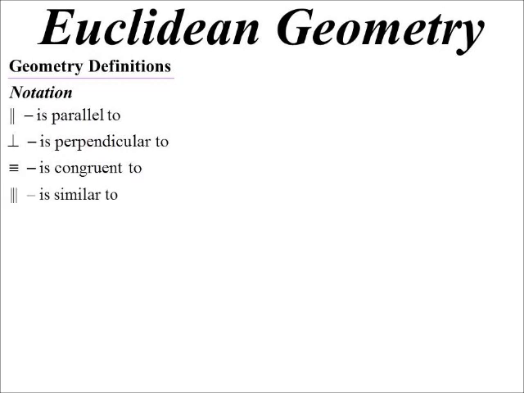So notation that we use, of course we have our two vertical lines, meaning is parallel to, our upside down T perpendicular to, three horizontal lines congruent to, three vertical lines similar to, three dots forming a triangle in this format is therefore, and if it's the other way around, that stands for because.